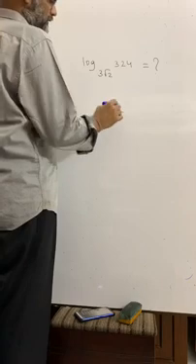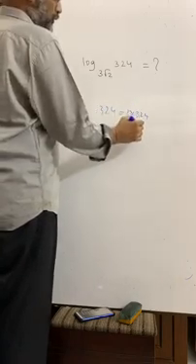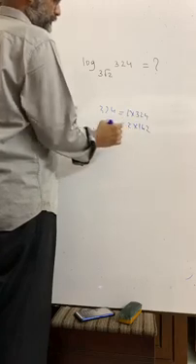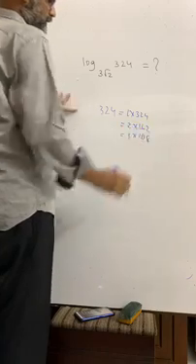324, that means what? 1 into 324, 2 into 162, then 3 into what? 108, like this.